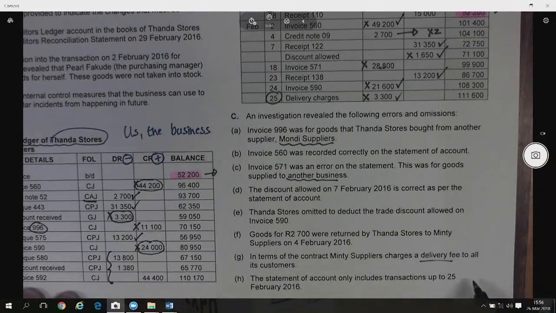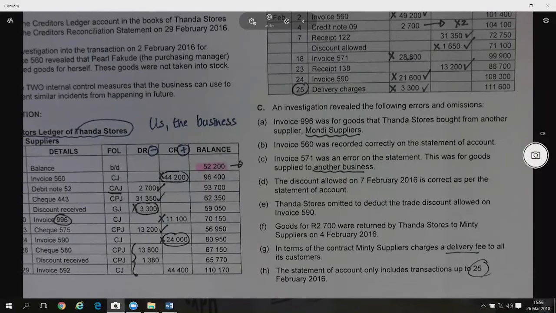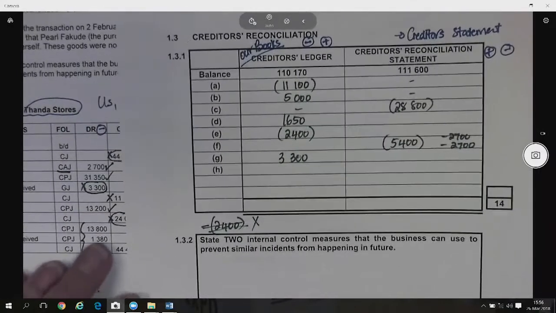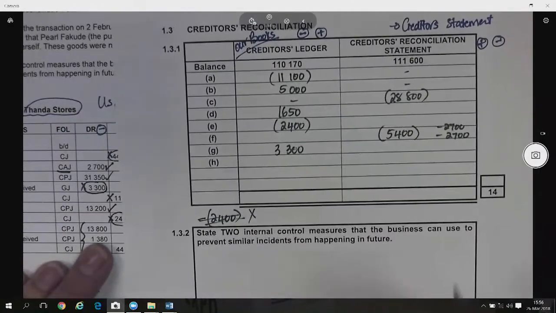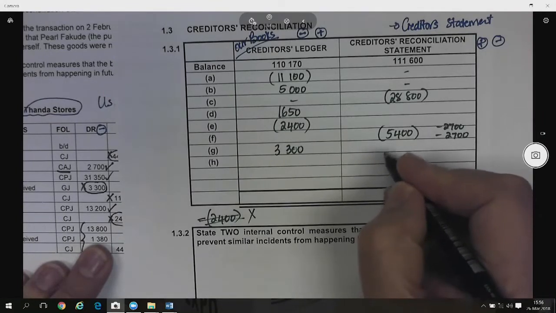Then number H, they say the statement was for transactions up till the 25th. That's why we've got all the other things that we must put in there. So first, we are going to show the 13,800. It was a check, so it will be a minus.